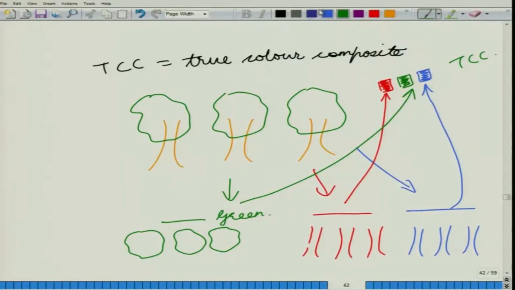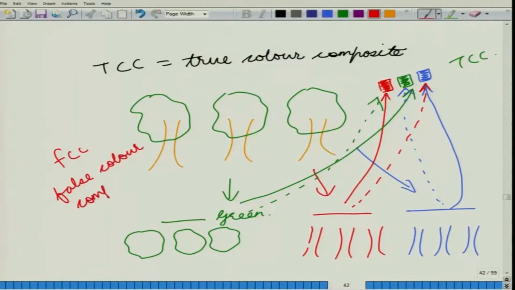In this case you take the green channel and you depict it onto red. Then you take the blue channel, you depict it on the green, and then you take the red channel and you depict it on the blue. So, this would give you an image that is not something that you are very naturalized to seeing. It would give you something that is again a picture, but it is a very unnatural sort of picture. So, that would be called an FCC or a false color composite.